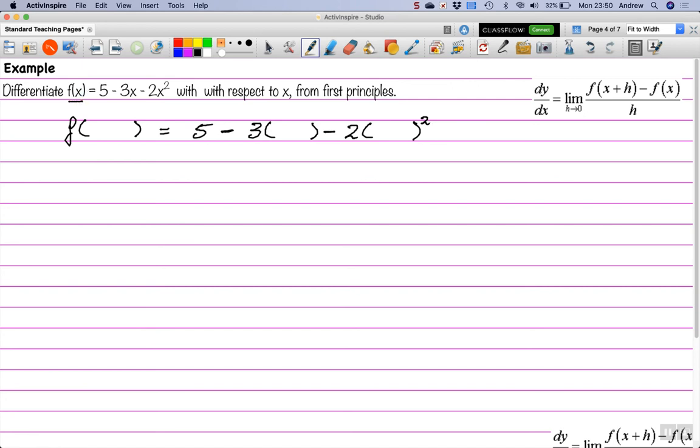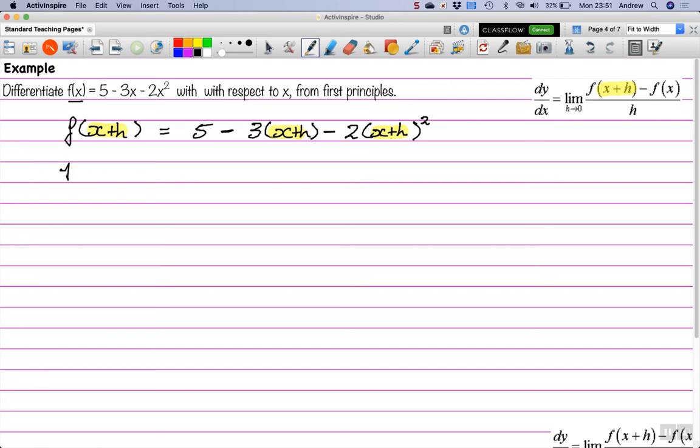But what goes inside the empty bracket? Well, we've seen it now on 3 occasions. What goes inside the empty bracket is the x plus h. So the x plus h goes inside each of these brackets. So here we go. We put x plus h, x plus h, x plus h.